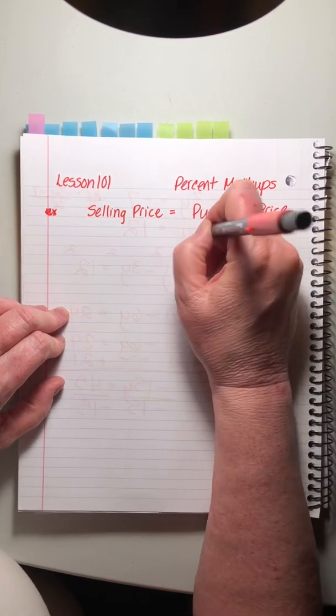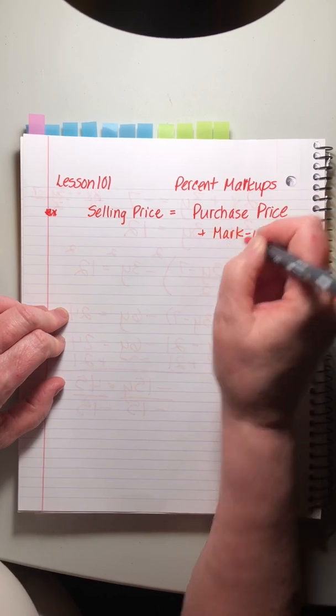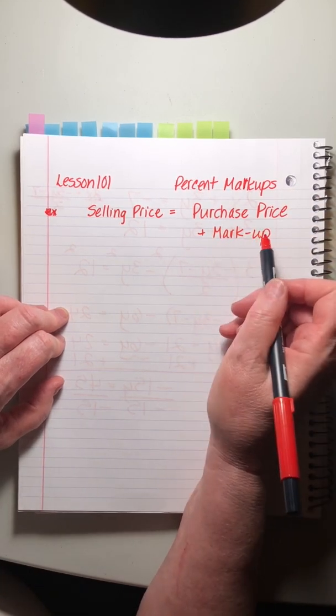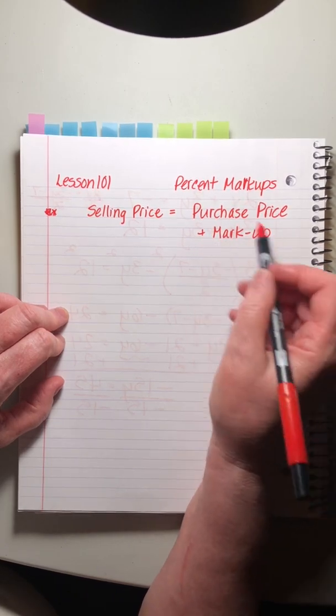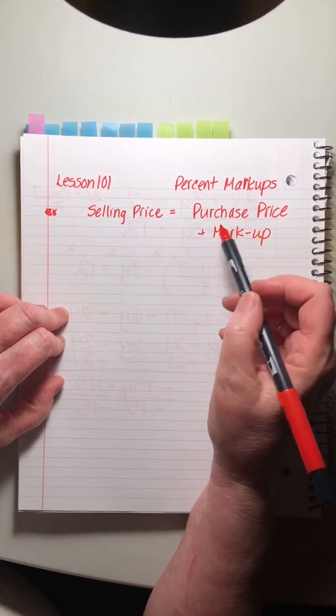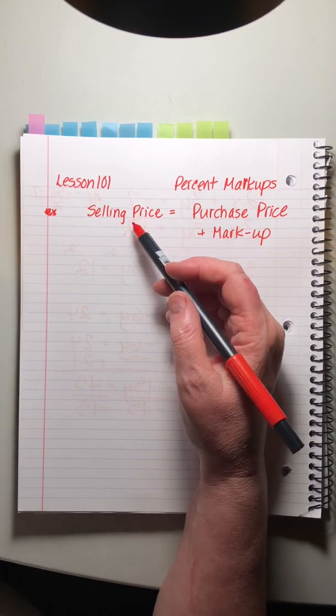And then we have to add what's called a markup. That's our profit. That's covering our expenses. That's covering our payroll. This is the extra money that we charge to have that coat in the store ready for you to buy. Okay?